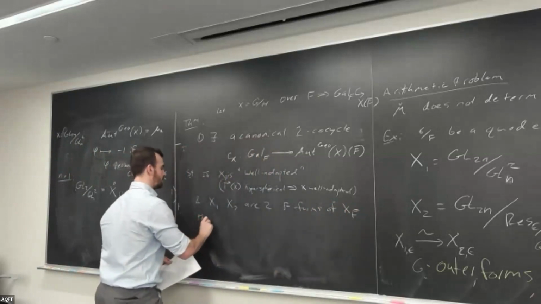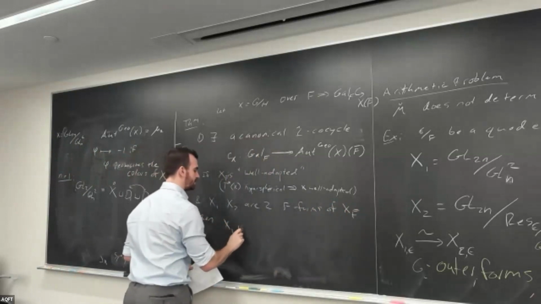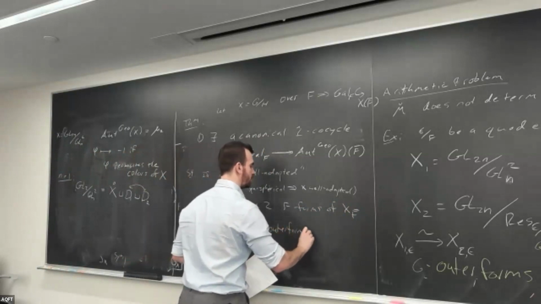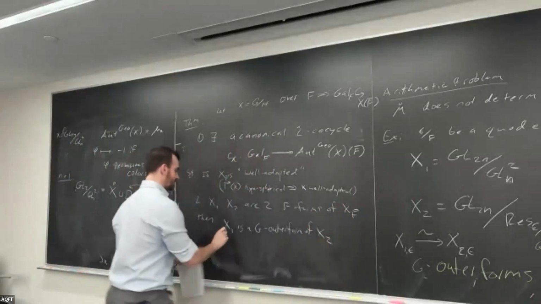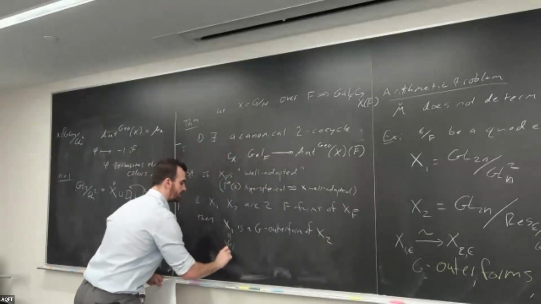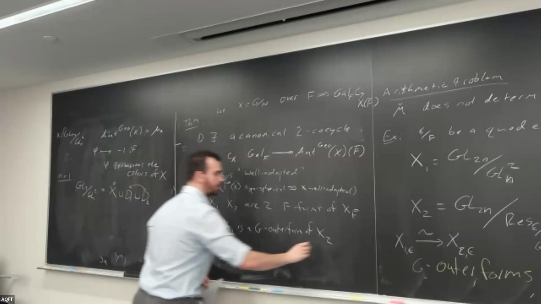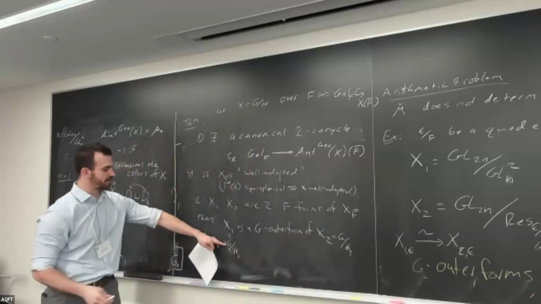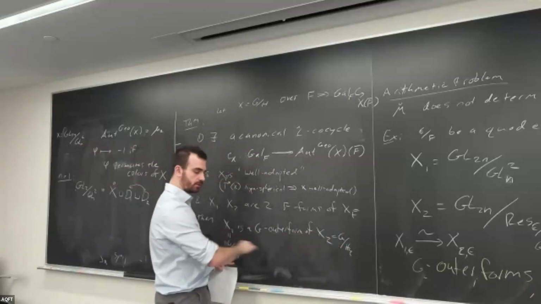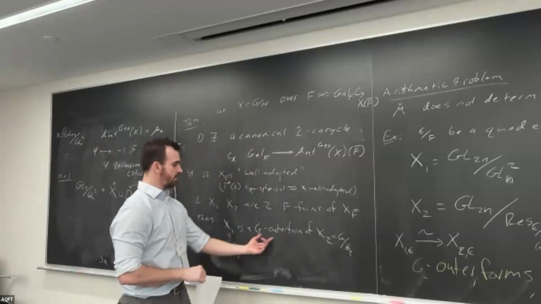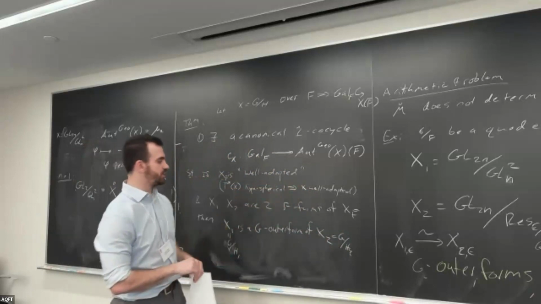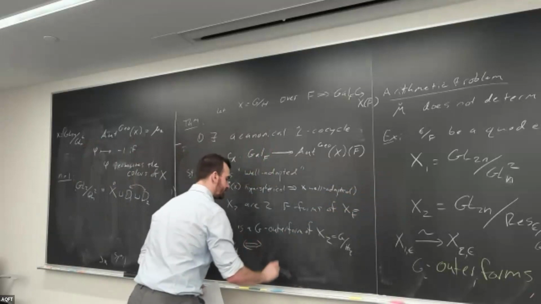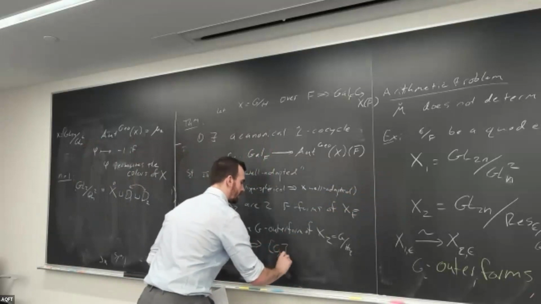Then X1 is a G-outer form of X2, meaning that if I write this as G mod H1, and this as G mod H2 for the same group G, then H1 and H2 are related by an inner automorphism of G, just like this example here, if and only if these are not cohomologous.